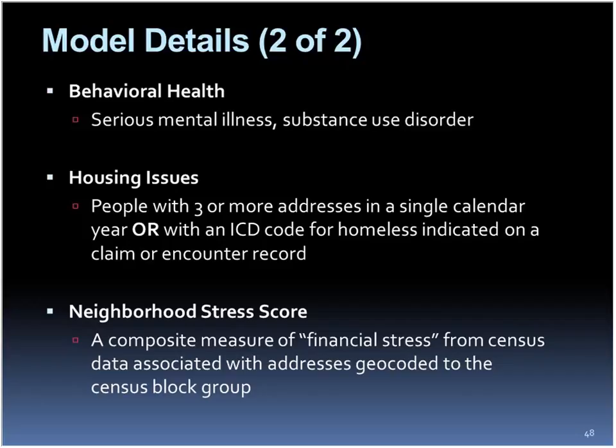The neighborhood stress score was based on the fact that we do know where everybody lives pretty much in a geocodable way, and so we're able to put everybody in a census block group. There's about 5% that we can't.